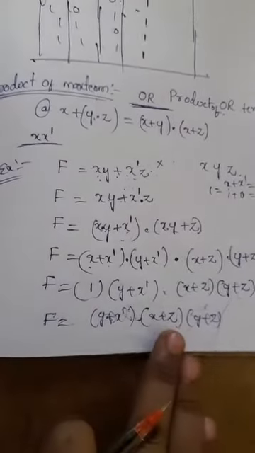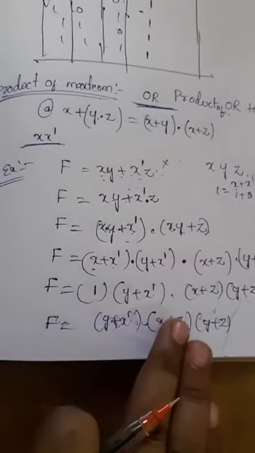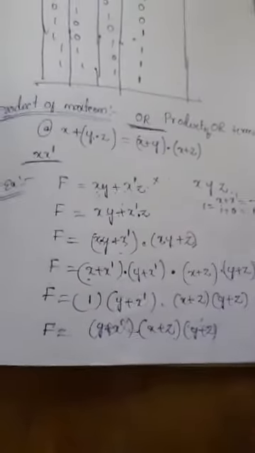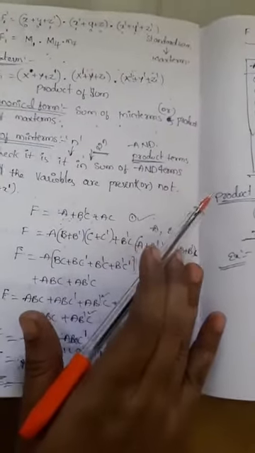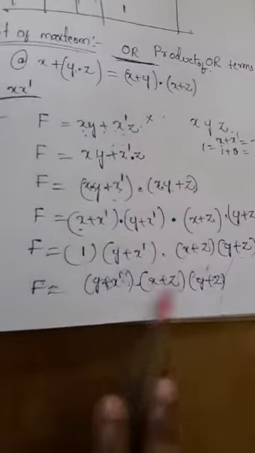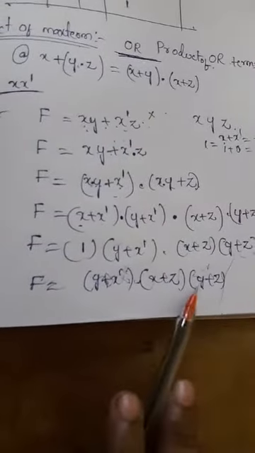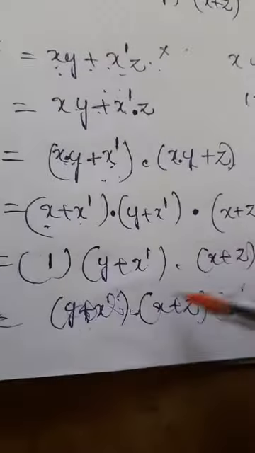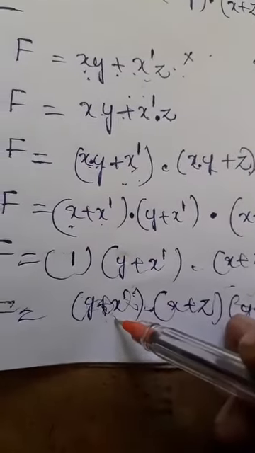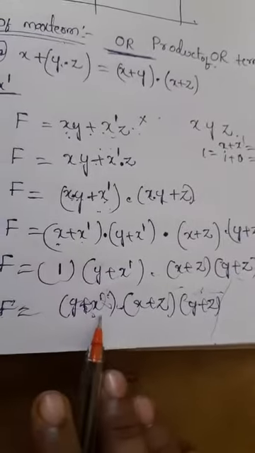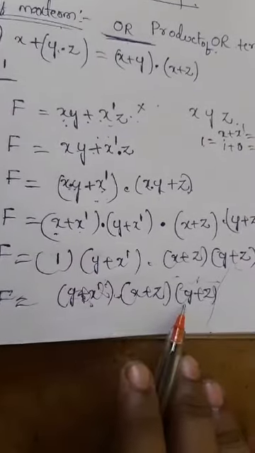After finally completing the conversion to product of maxterm, what is the next procedure? The next procedure is to check whether all the variables are present in each term. Each term here is one term, and in that one variable is not there. How many variables do we actually have? x, y, z, three variables, right?